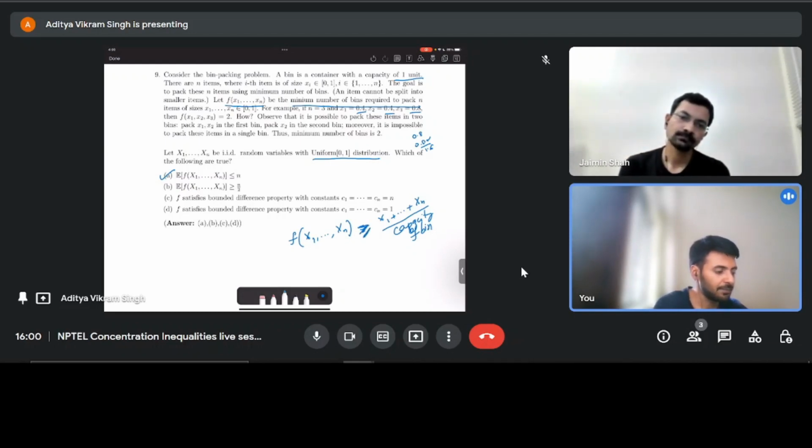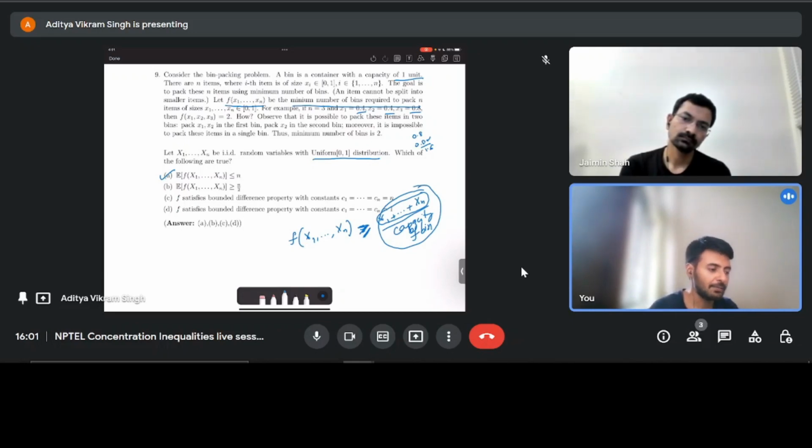What is this? This will tell you how many bins you require to fill with this volume, assuming that you could break the items arbitrarily, make them powder and just fit them in the bins. Suppose you could do that, then you would require these many bins, x1 to xn by capacity.